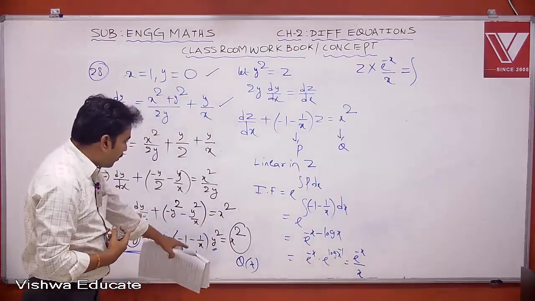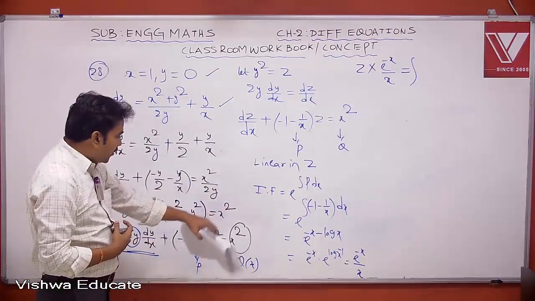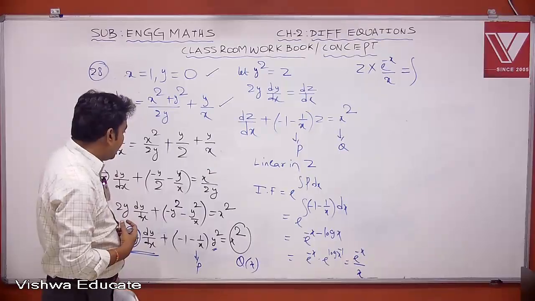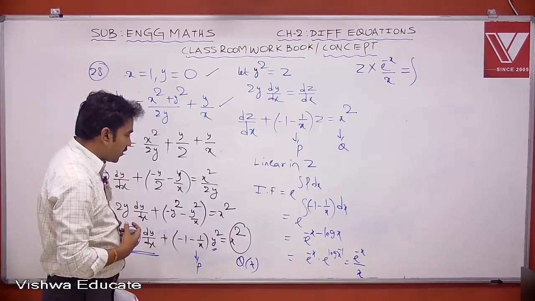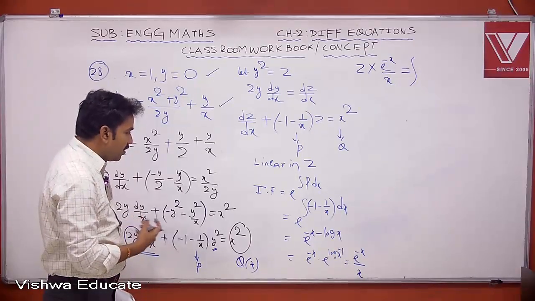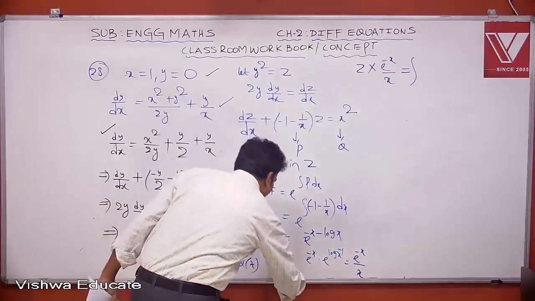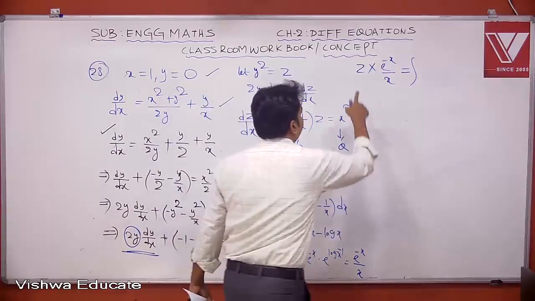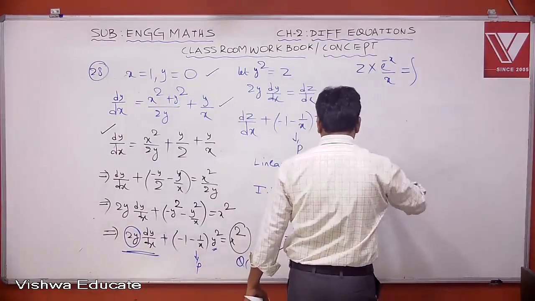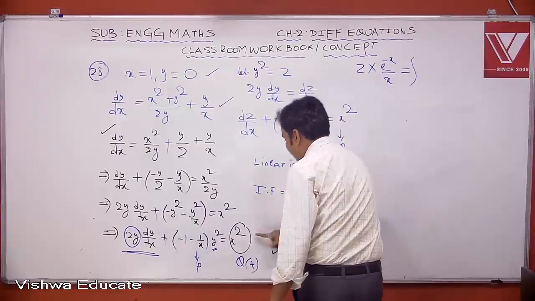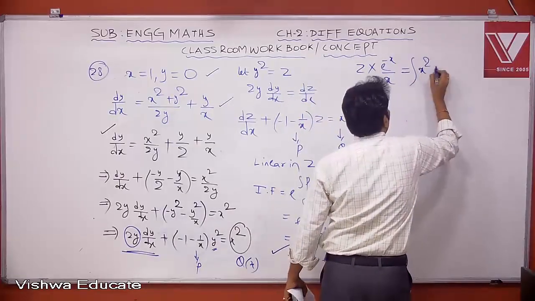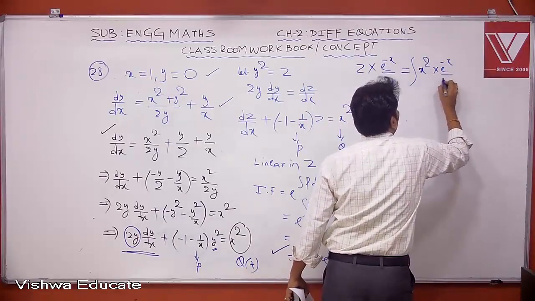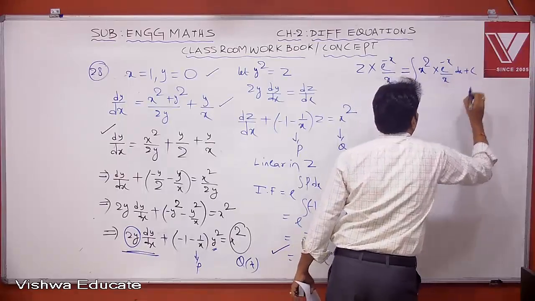Here p is minus 1 by x. So IF is e power integral p dx, which is e power minus log x, 1 by x. Yes, it's a right calculation. Therefore z into IF equal to integral q into IF. Q is nothing but x square into 1 by x dx plus c.